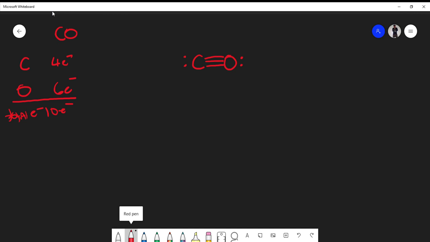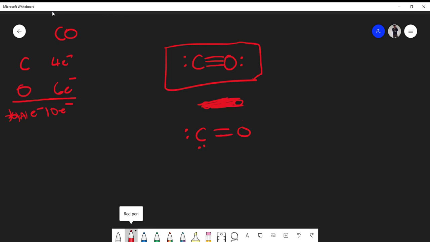Now, why couldn't it be, for example, if I had gone this route? This is the correct structure. Now, let's say I had gone this route where I had a double bond. Why would this be wrong? Now I have 2, 4, 6, 8 around carbon.